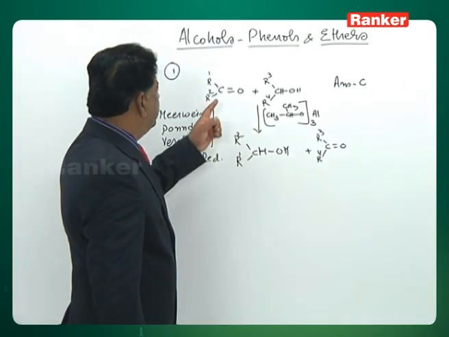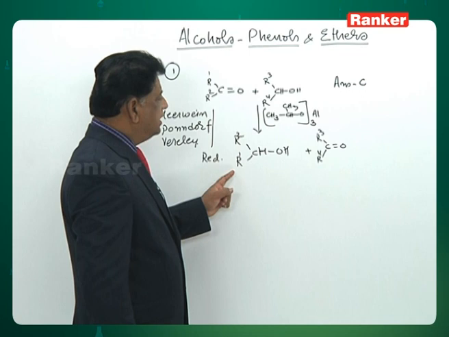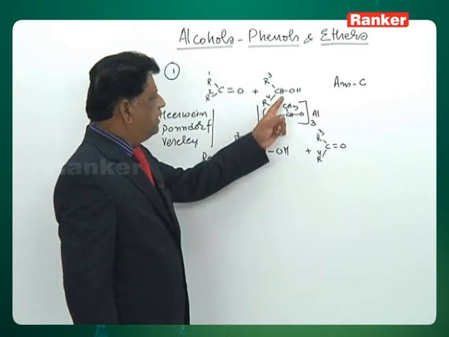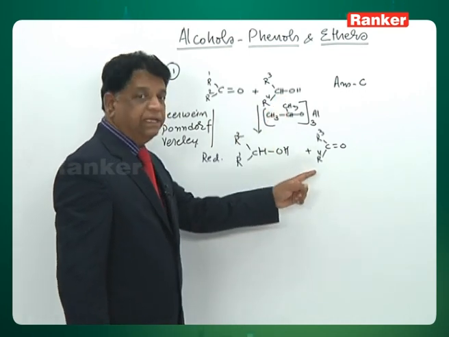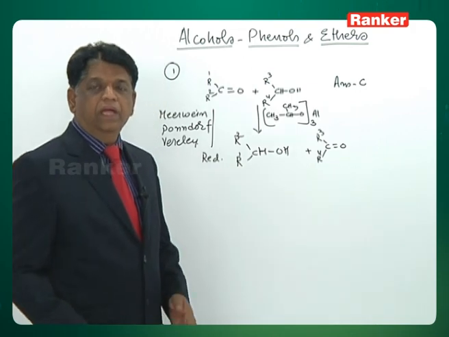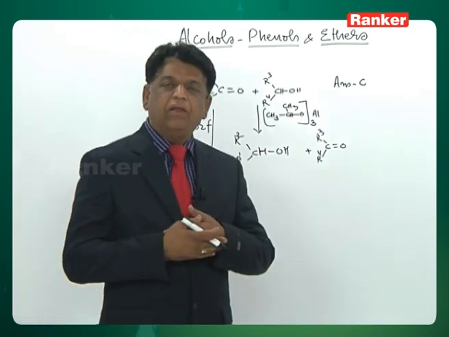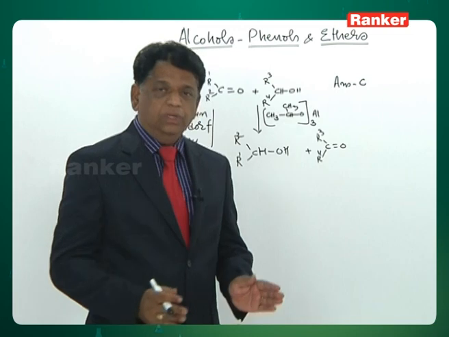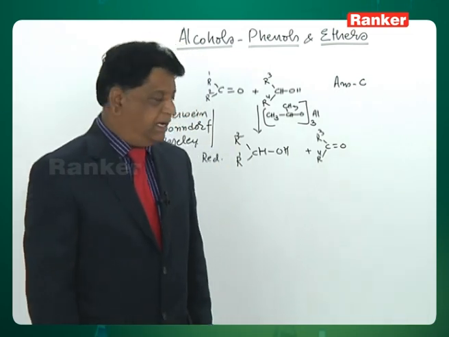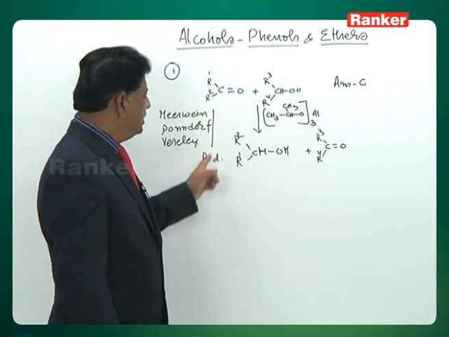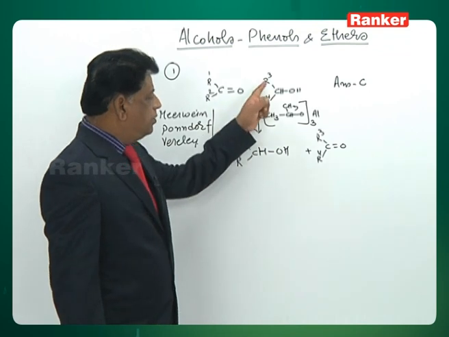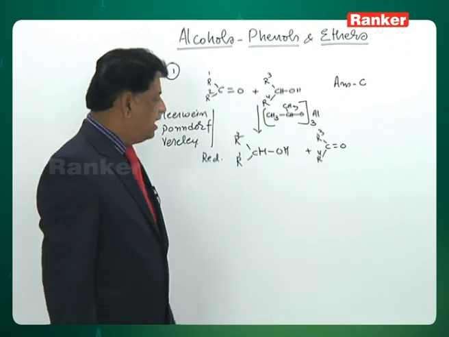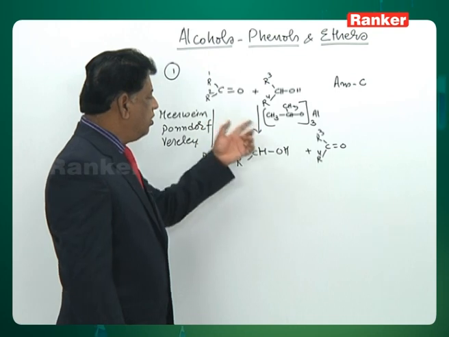While this compound is undergoing reduction, simultaneously the other compound is undergoing oxidation. So MPV and Oppenauer oxidation, they are not opposing reactions. Both travel simultaneously. When reduction is taking place, the other compound is undergoing oxidation. However, it depends on what alcohol you are preparing.